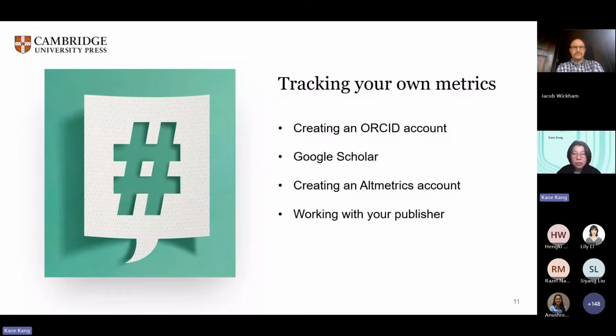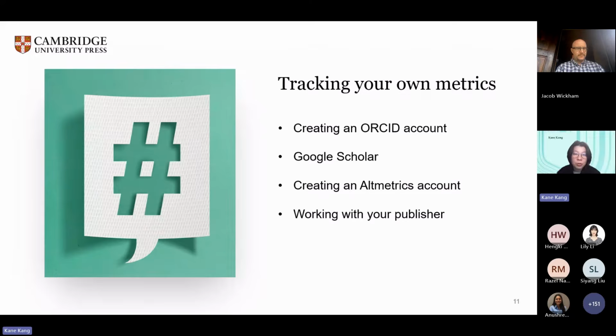And also tracking your own metrics. You can create an ORCID account, which we really recommend you do, because using that account, you can submit your paper through our system without registering a new one. You can use your ORCID account, log into all the systems, and submit your paper, saving your time.